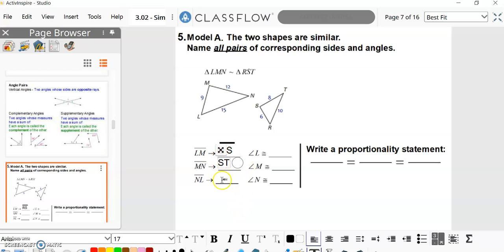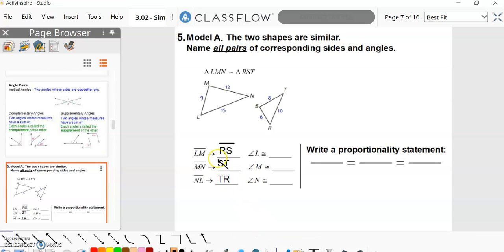I'm not going to spend time doing that every single time. And then NL is TR. And a line there, and a line there. I decided to do it.